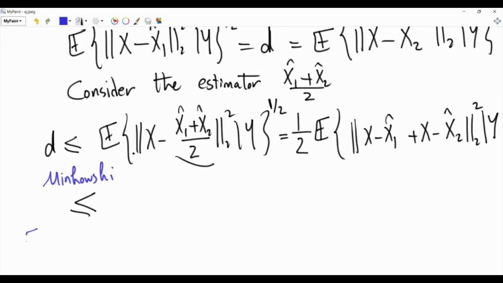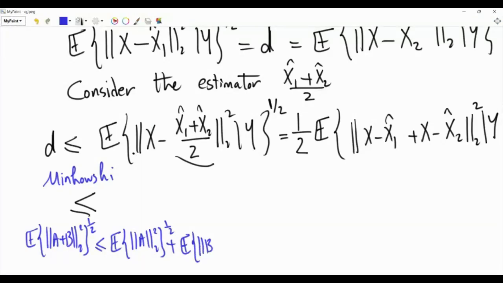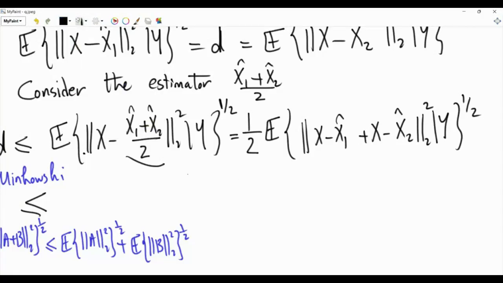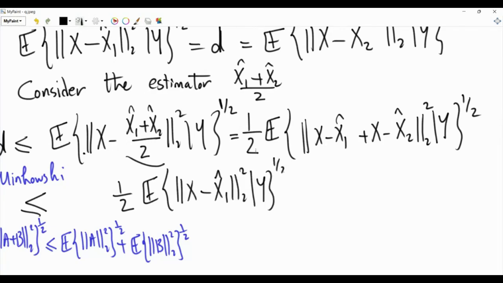It tells us that the expectation of the L2 norm squared of a plus b, to the 1/2, is less than or equal to the expectation of the L2 norm squared of a to the 1/2 plus the expectation of the L2 norm squared of b to the 1/2. Applying this here, we have an upper bound on this expectation as 1/2 times the expectation of the L2 norm squared of x minus x1 hat, and this expectation is given y.